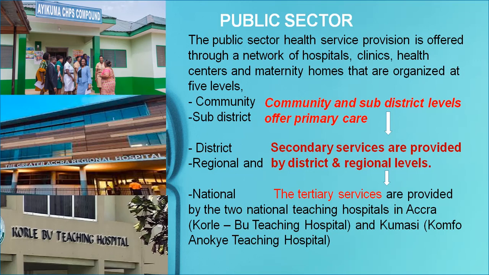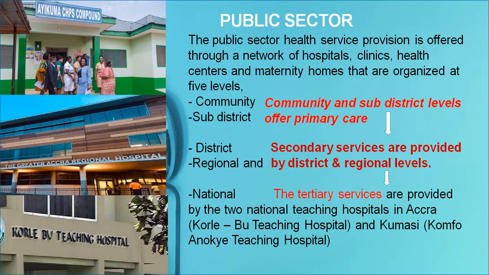And the tertiary care is normally provided by two national teaching hospitals, one in Accra, that's Korle Bu Teaching Hospital, and one in Kumasi for the northern sector, Komfo Anokye Teaching Hospital. All right, so these teaching hospitals normally have more machinery, and they have more qualified people who are able to help the sick.